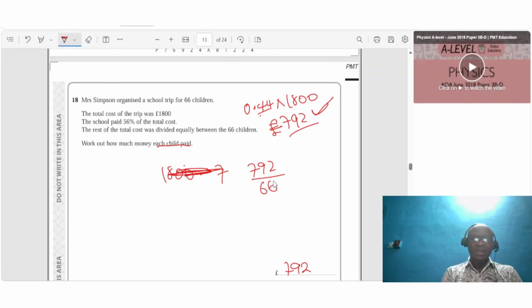All of them will pay this. You divide it, 792 divided by 66. That will now give you 12, which means that each child will pay 12 pounds. And the 66 of them will pay 792, while the school authority will pay the remaining to make it up 1,800 pounds.